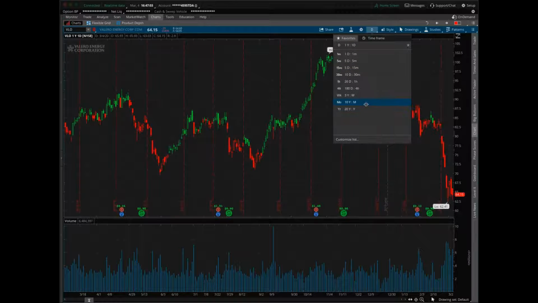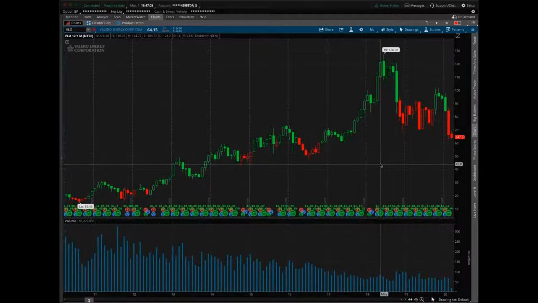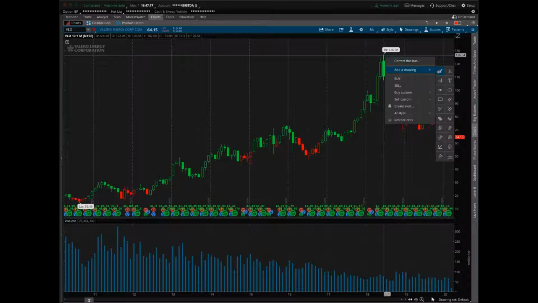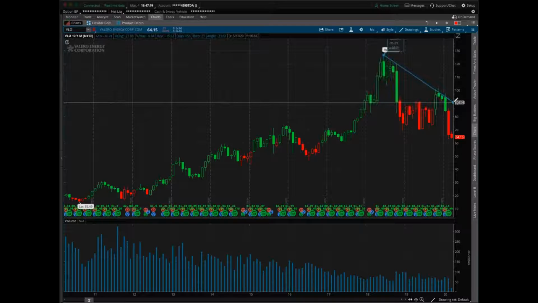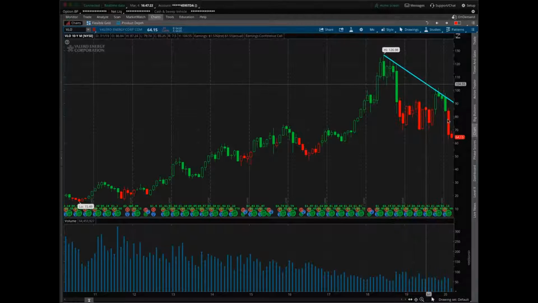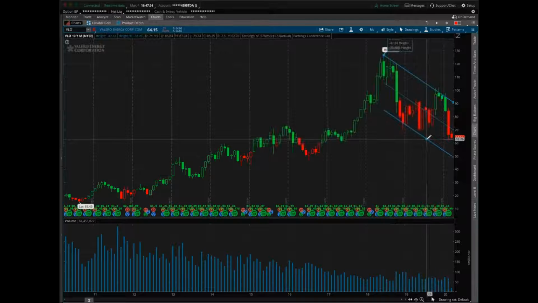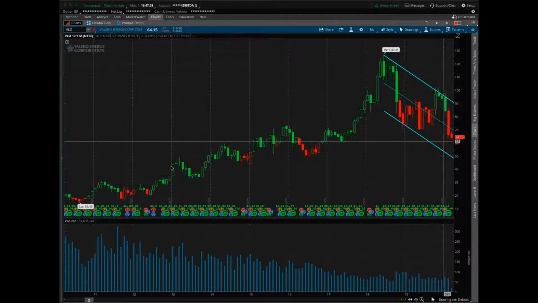So I could look at this chart and I could see, okay, we're in an uptrend here. Okay, we're in an uptrend here. Okay, now we're in a downtrend here. I don't even have to do any work to establish that we are in a downtrend, because these are red candles.